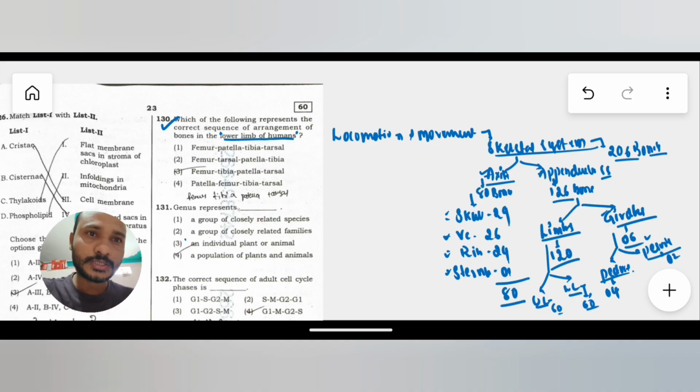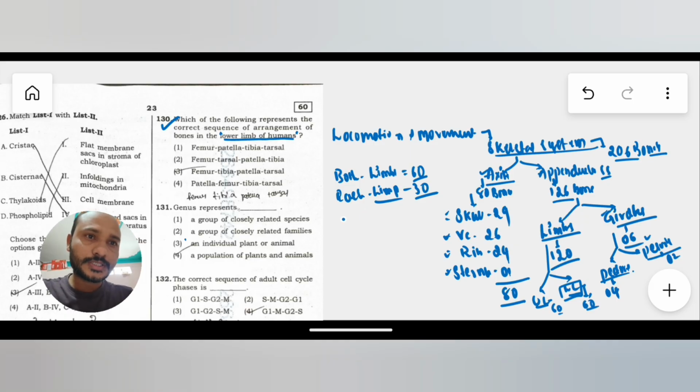In our question they are asking about lower limbs only, meaning legs. Each lower limb consists of 30 bones, and each upper limb also consists of 30 bones. So how these 30 bones are arranged, we will discuss here.